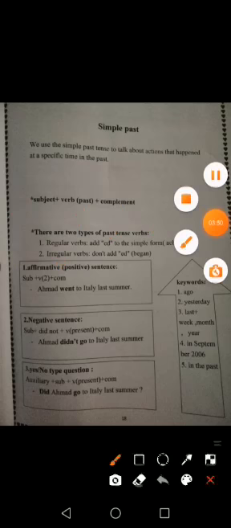So, we use simple past in the affirmative form, the positive, in the negative form, and to make a yes or no question. In the affirmative form, we use subject, verb in the past, and complement. Ahmed went to Italy last summer.